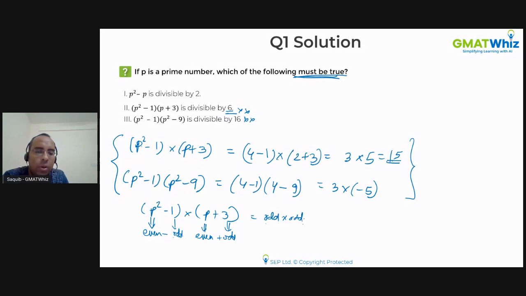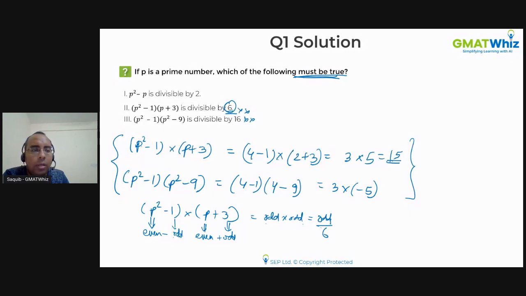The product, odd times odd, is odd, and it will never be divisible by 6. This is never possible. So if you want to go through the methodical way, if you're skeptical that this won't work, this is another methodical way in which you could have eliminated the second statement.